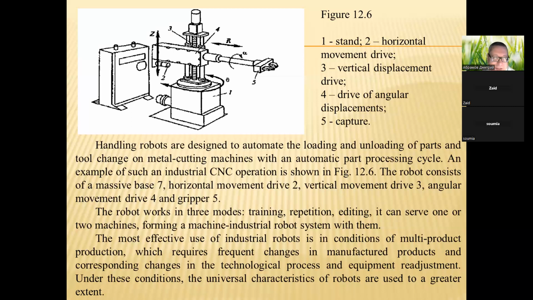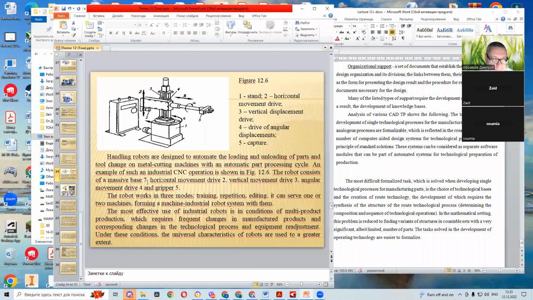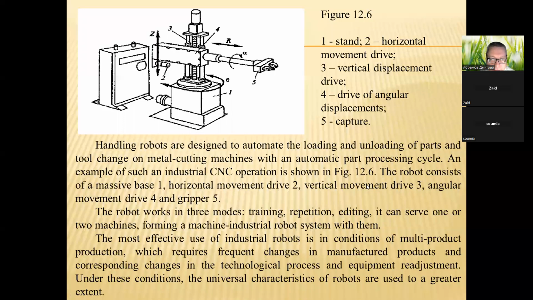The robot consists of a massive base 1, horizontal movement drive 2, vertical movement drive 3, angular movement drive 4, and gripper or capture 5.